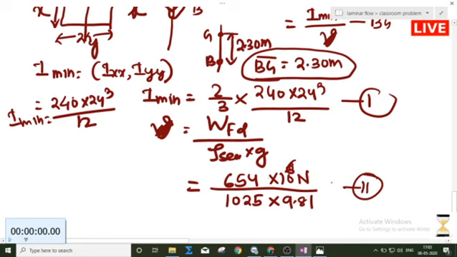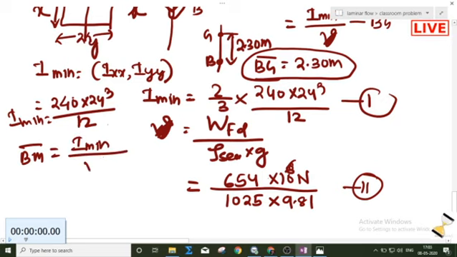Can you find out this BM now? BM will be equal to I minimum divided by the volume displaced or submerged.